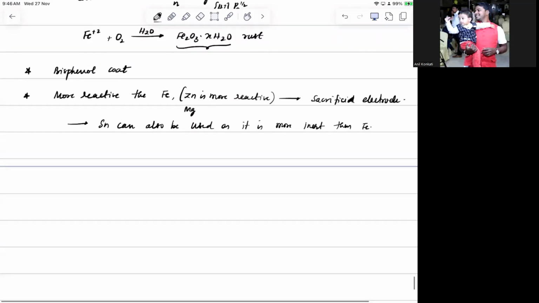So if you put tin, the corrosion factor would be very, very less because it is more inert. It will not react. Got it? So this is the part you need to understand, everyone. Clear? So the last thing we have is batteries. So tomorrow we'll have a discussion on that.